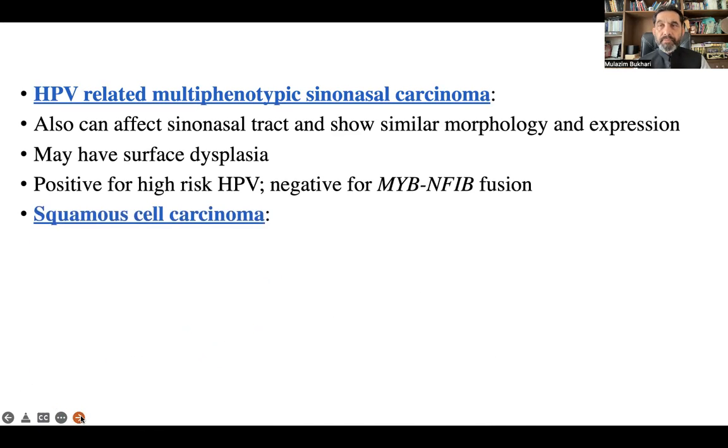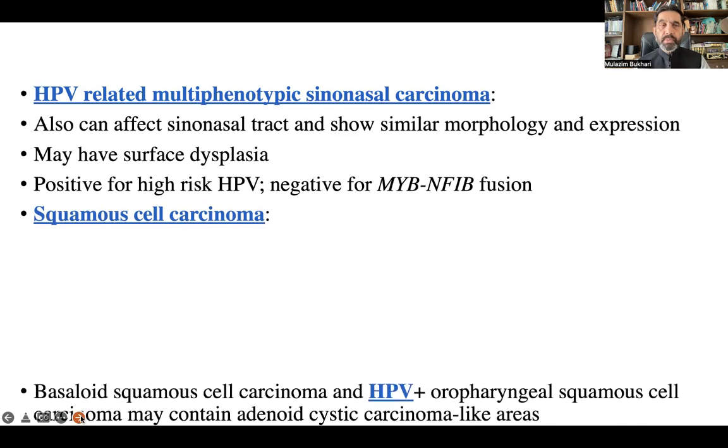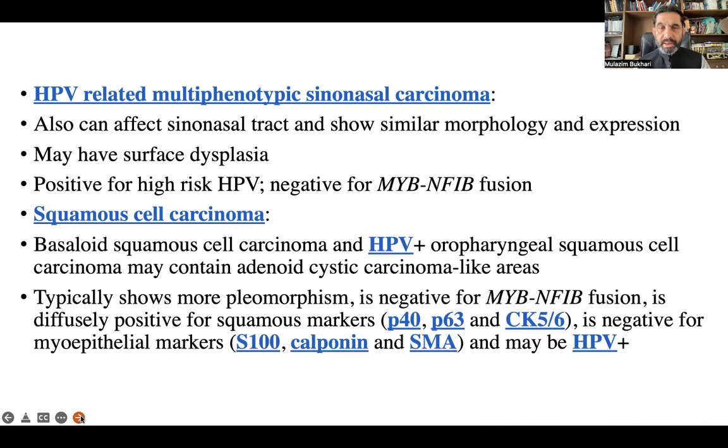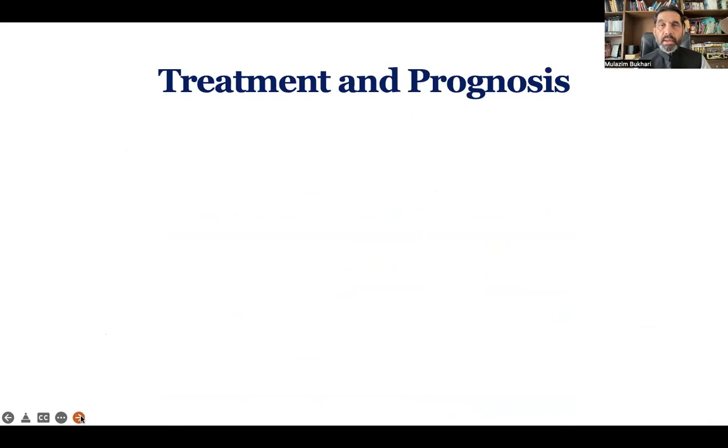Again, the morphology and the tumor markers will differentiate the tumors. For squamous cell carcinoma, you can take the help of immunomarkers. Cytogenetic MYB and SOX are very important to differentiate these two tumors.